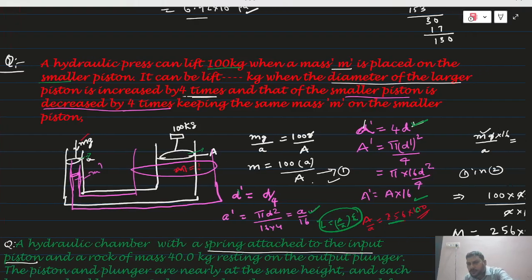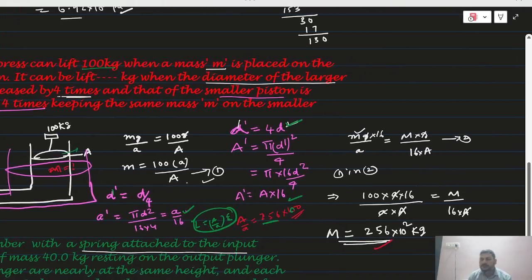Now let us see this problem. Same mass we are placing on the smaller piston. The smaller piston has the same mass mg, and the area is becoming a by 16, therefore 16 by a will come. That is equal to how much mass I can lift now: mg by 16 into 16 times of a.